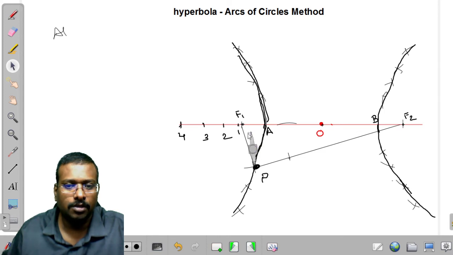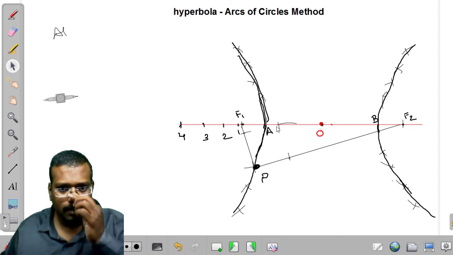Now this particular point as a center, cut this arc. Now we get the intersection point.